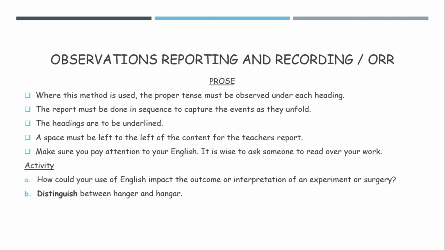The report must be done in sequence to capture the events as they unfold. When we talk about sequence, we are talking about 1, 2, 3, 4. That's a sequence. All right? So a sequence, remember, you are going to follow a straight path, or it could be a curved path of course, but you are going to ensure that a step is not skipped.